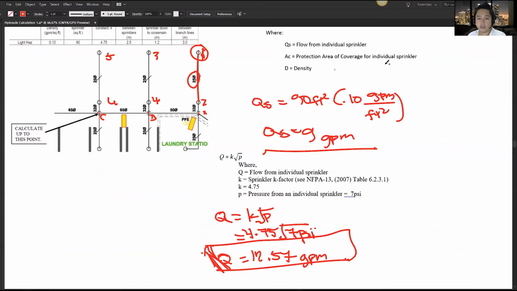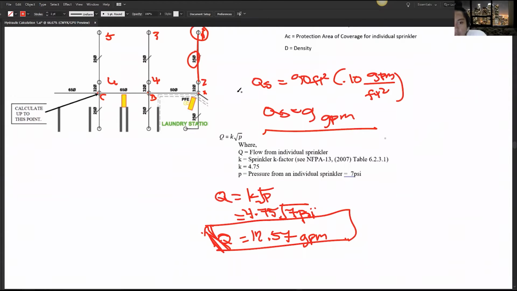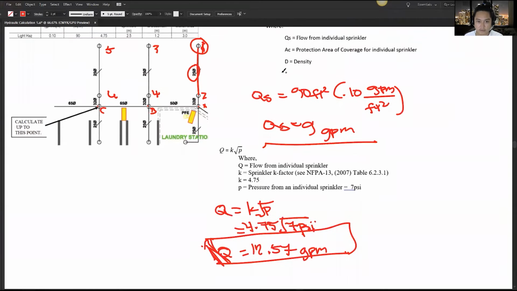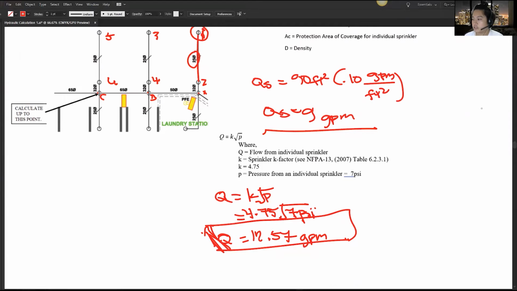That's about 1 inch. 1 inch is about 24.5, but we'll round that off to 1 inch for easier calculation, and it's also the standard. We also know the length of this pipe. From sprinkler to sprinkler, that's already given: the distance between sprinklers is 2.5 meters.